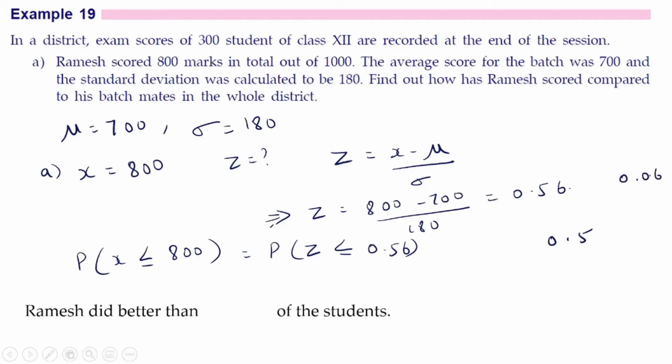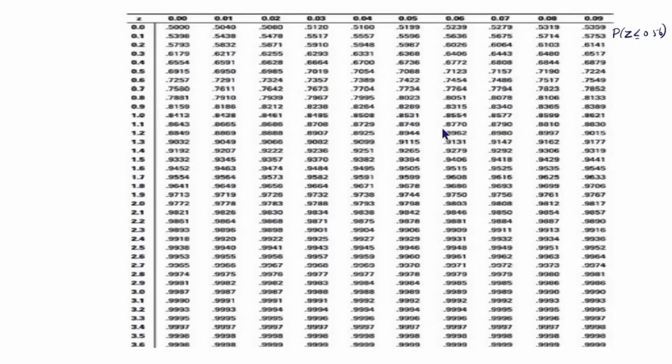And at the intersection, the value which we get corresponds to probability of z less than or equal to 0.56.